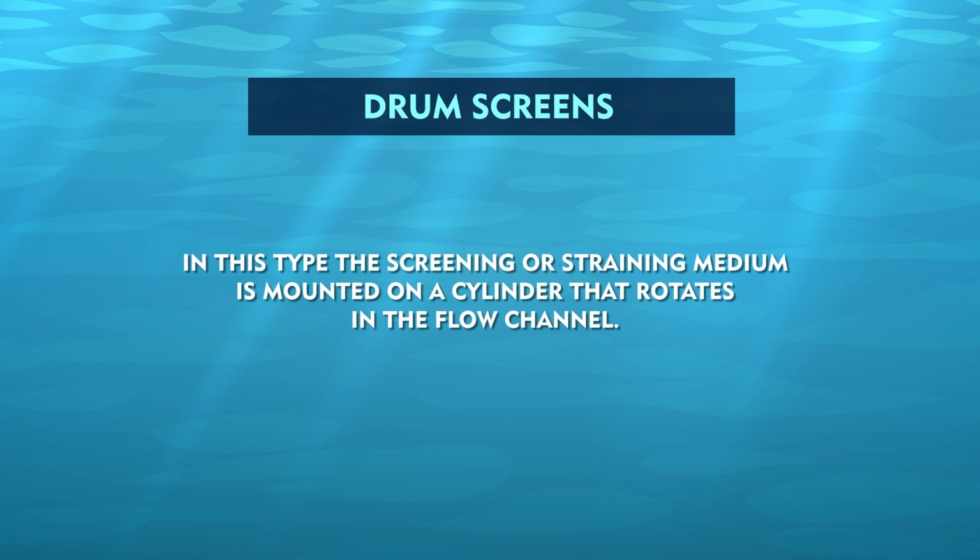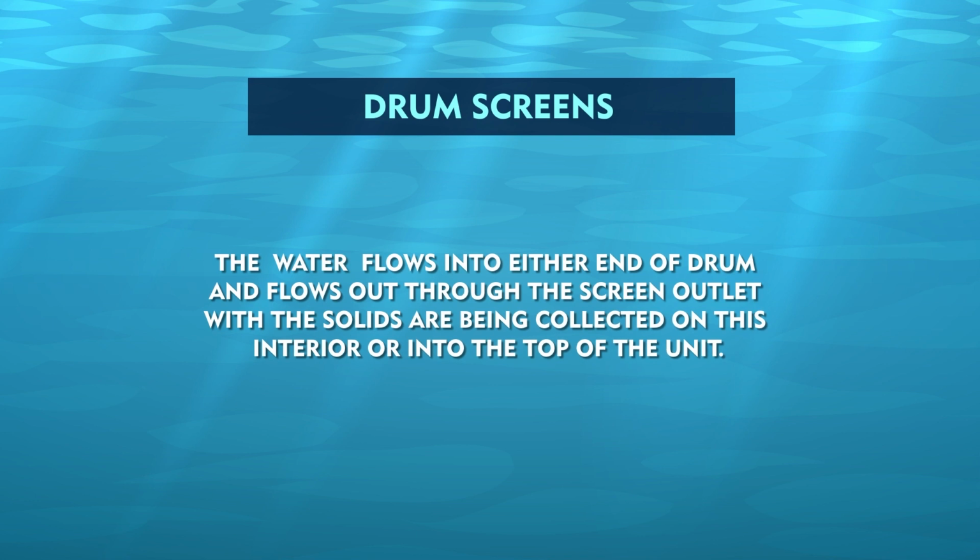In this type, the screening or straining medium is mounted on a cylinder that rotates in the flow channel. The water flows into either end of the drum and flows out through the screen outlet, with the solids being collected on the interior or in the top of the unit.